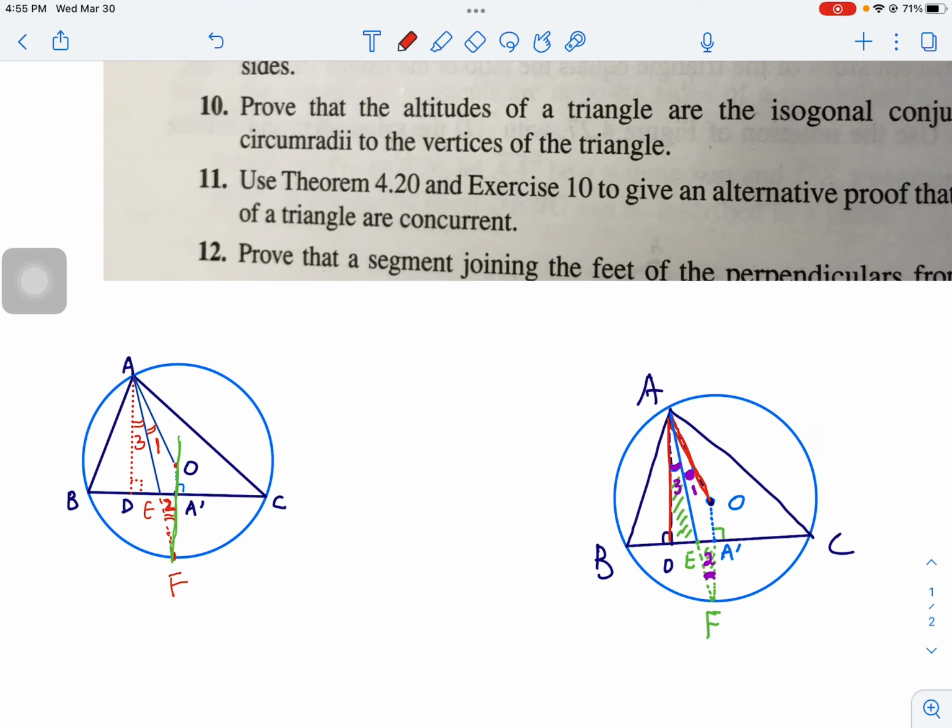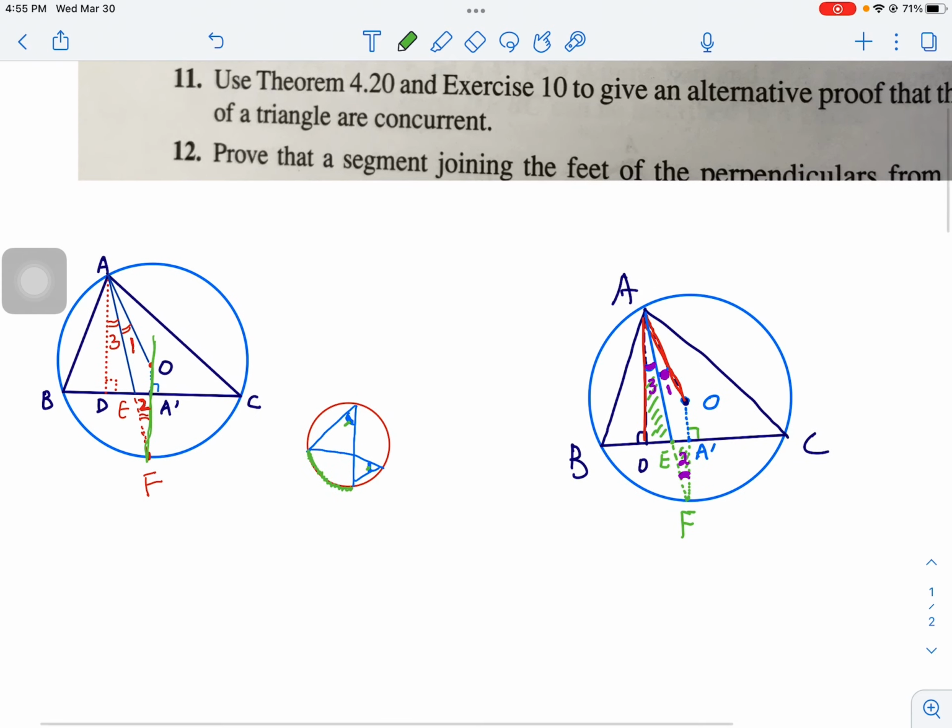So here's the hint. How do you show that F is equidistant to B and C? The prerequisite is this. I'm going to remind you that in Appendix 5, number 22, it says that if you have angles, like these two angles, corresponding to the same intercepted arc, then these two angles must be the same.